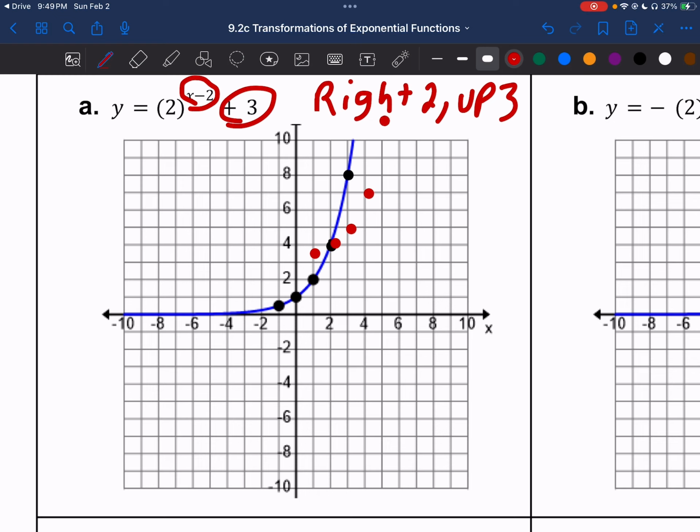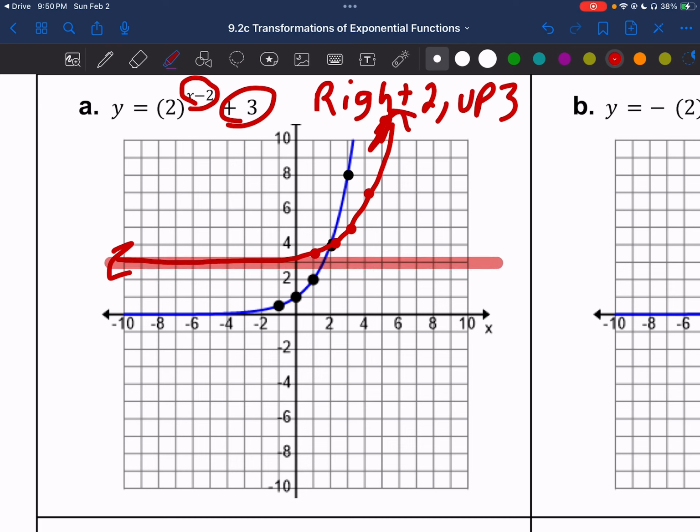So it puts it a little bit above our graph there. So our new function looks like this. And you'll notice again, our new asymptote has gone up 3. The graph moved up 3, so the asymptote moved up 3.